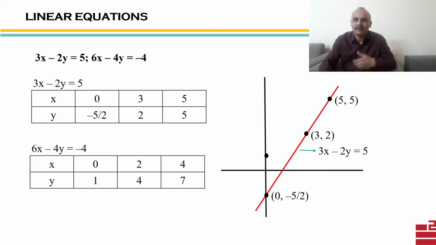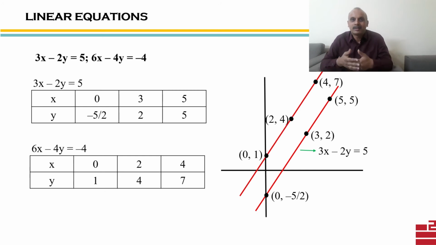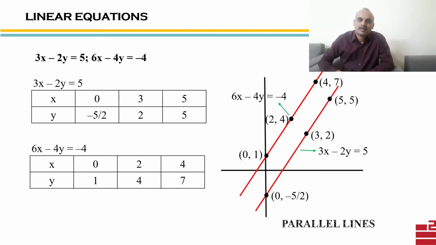As you can see, as the graph is building up, the two graphs are straight lines which are parallel. As I have said already, solution means the intersection of the two lines. Since these two are parallel lines, they will never intersect. And therefore, if they never intersect, it means they don't have any solution.